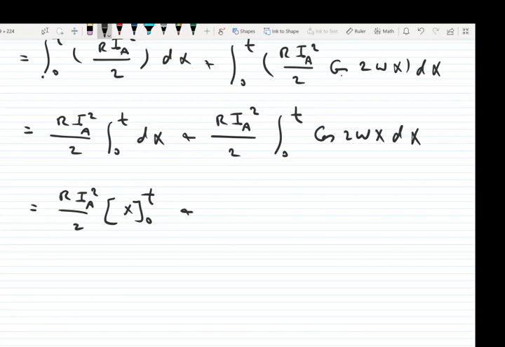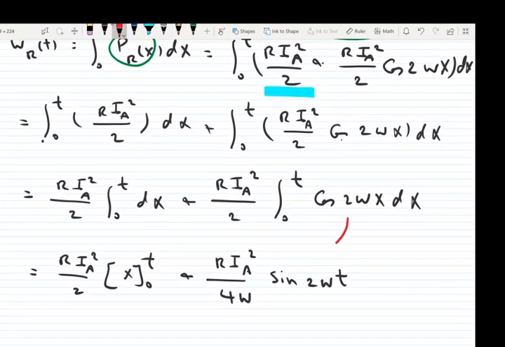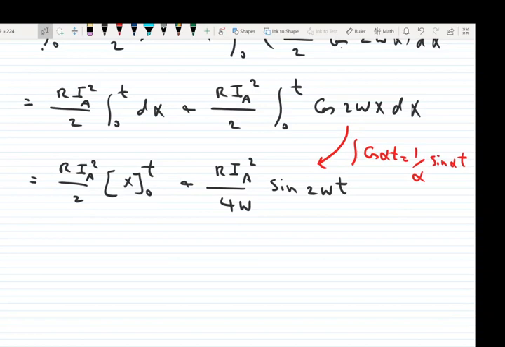plus R Ia square over 4 omega sine of 2 omega t, because we know that the integral of cosine of alpha t is equal to 1 over alpha sine of alpha t, and here alpha is 2 omega.